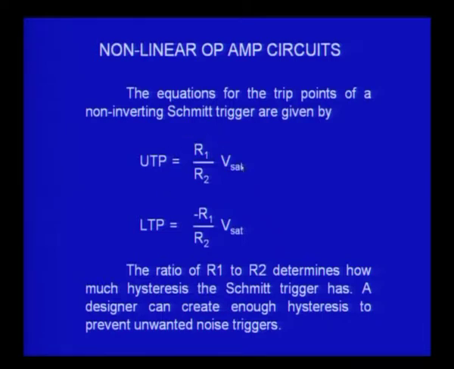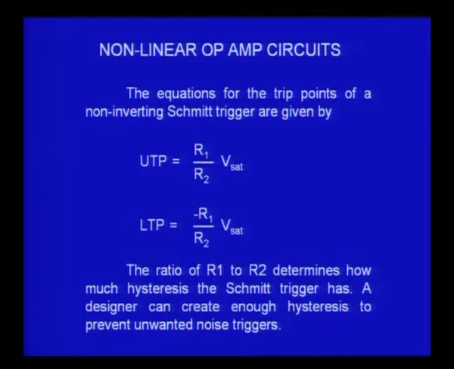The UTP and LTP in the non-inverting case will be R1 by R2 times Vsat and minus R1 by R2 times Vsat. So, the only difference is that in the other case it was R1 by R1 plus R2 times Vsat, whereas here it is just R1 by R2 times Vsat.